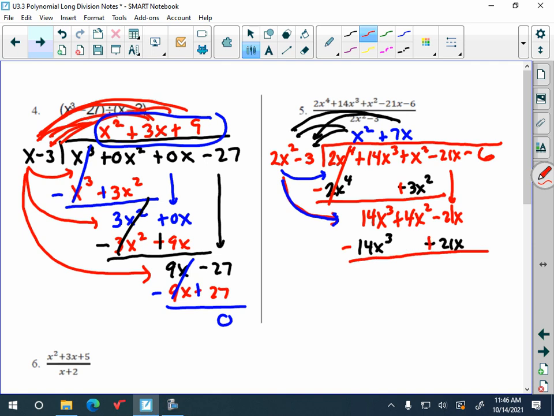Change the signs to their opposites, add down. Nothing adds to the 4x squared, so we bring the 4x squared down. Negative 21x plus 21x, that's 0. They cancel out. I'm going to bring down that minus 6.